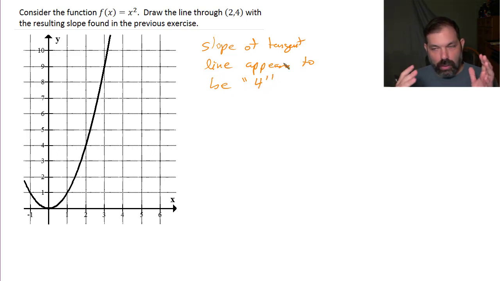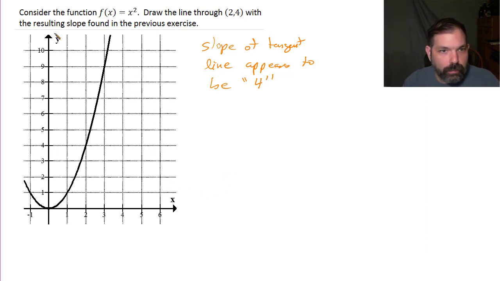We looked at those secant lines, but we let the interval around 2 get smaller and smaller, and we found that the slope of that secant line got closer and closer to 4. So it looks like the slope of the tangent line is probably 4.